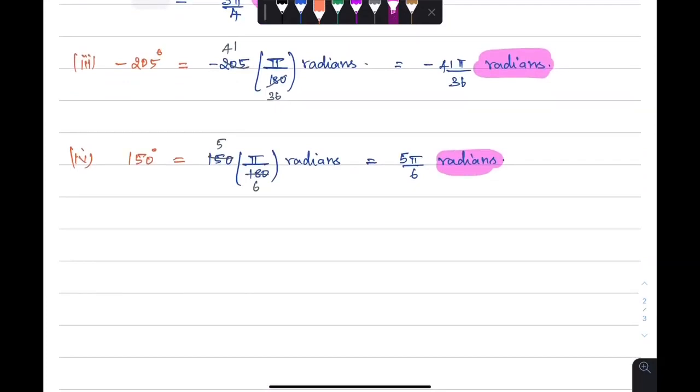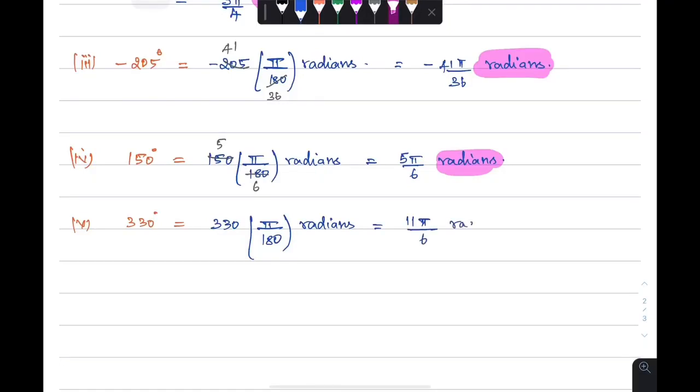So very good, children. The fifth question is 330 degree, which again can be converted as 330 into pi by 180 radians, which is again equal to, you simplify it, see what you're getting. So I'm trying to do all the problems. So this is the answer.